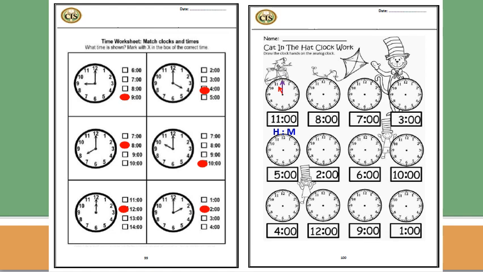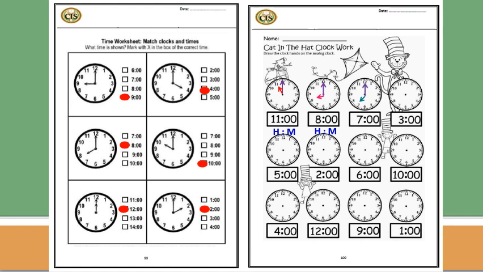Okay. Here 8:00. 8 for hours, 00 for minutes. So the short hand points to 8. The long hand points to 12. Here 7:00. So the short hand points to 7. The long hand points to 12.